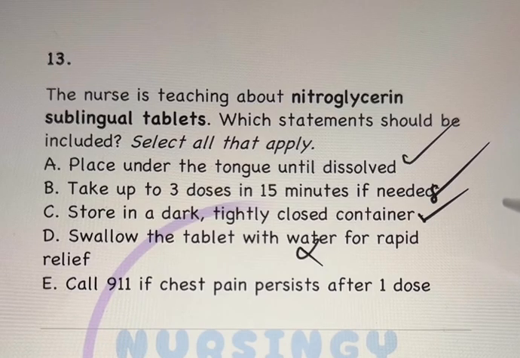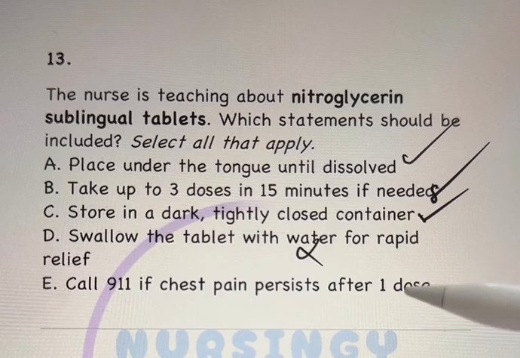What happens if the pain is resolved with the first dose? What is it indicating, guys?